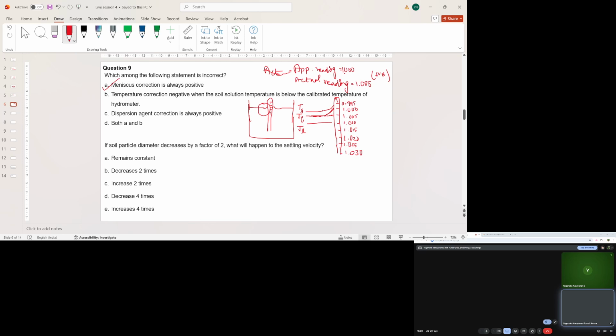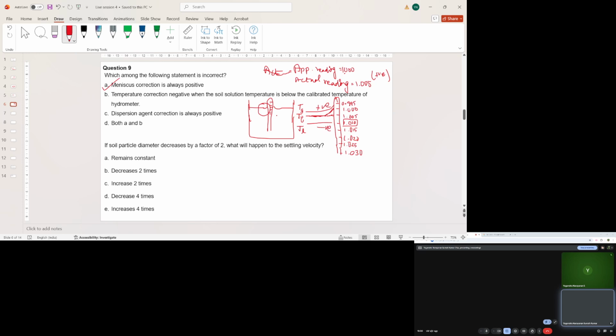Now, T greater is due to the expansion and contraction of the fluid, that is the water bath. Once the temperature is greater than the calibrated temperature, the correction tends to be positive. You should add the values. If the temperature is lesser, the actual reading should be this one, but you see the reading as 1.010, and the correction has to be negative.